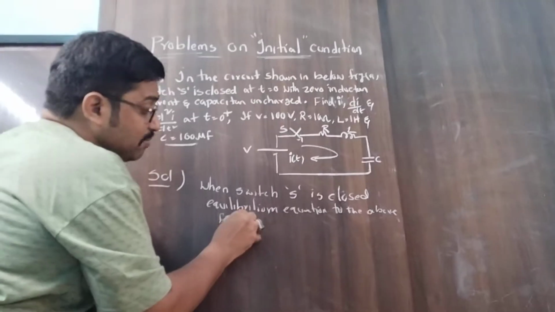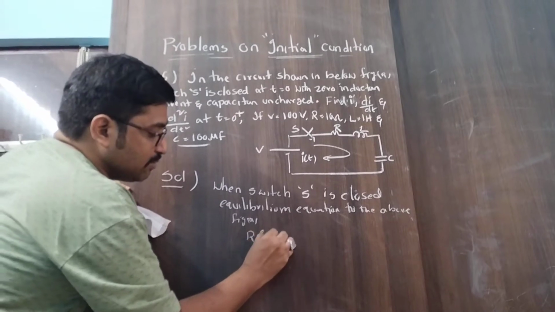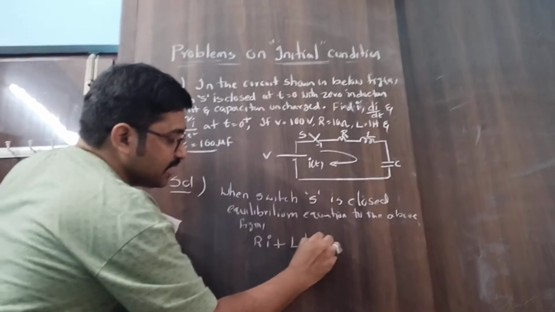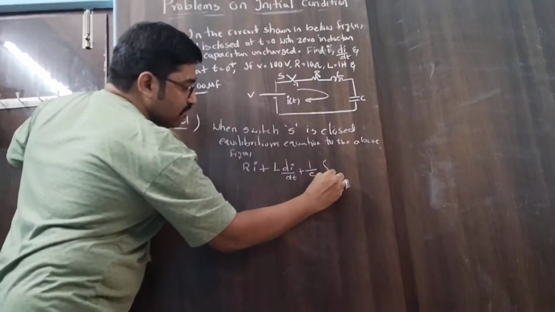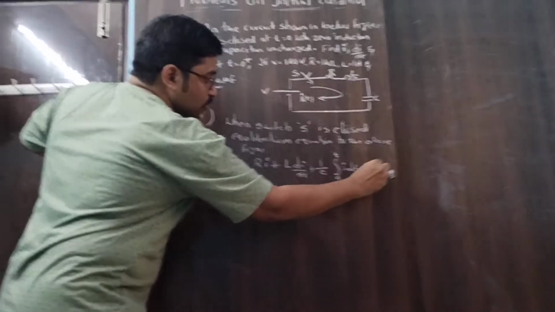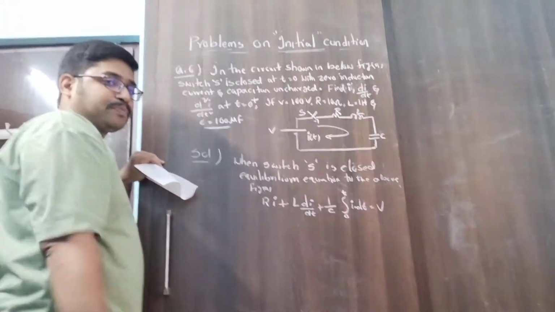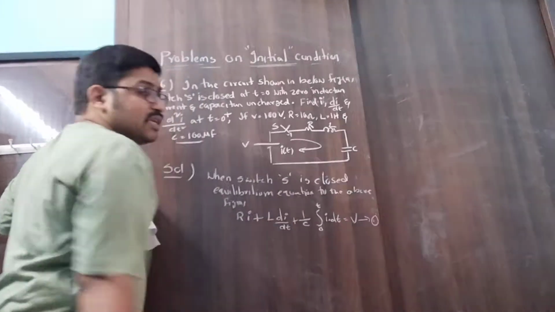R into i plus L into di/dt plus 1/C integral from 0 to t of i dt is equal to V. This is what the equation is. Let us say this is equation number 1.